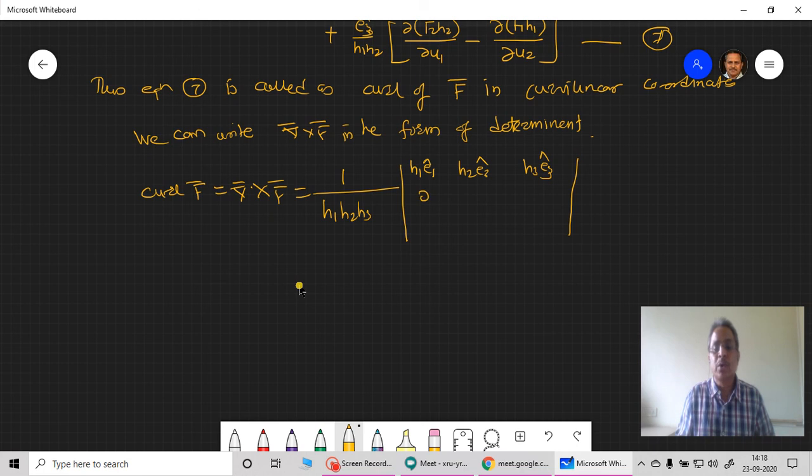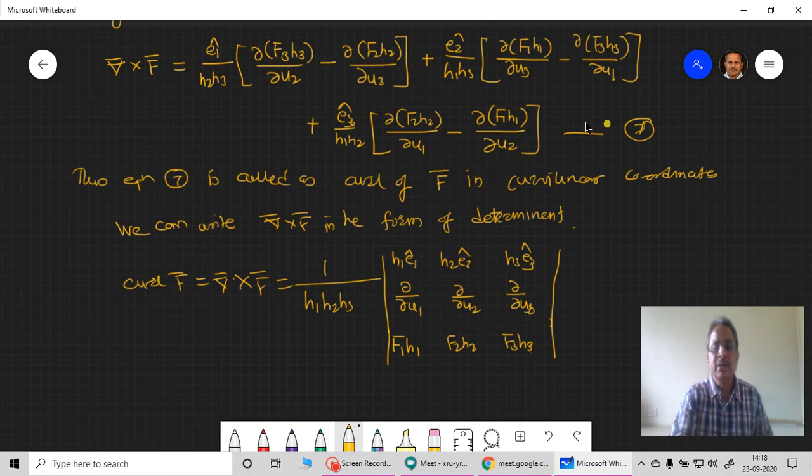Second row is the components of this del bar: dabba u1, dabba u2, dabba u3. And finally the components of this vector f bar with scale factors: f1 h1, f2 h2, and f3 h3. Okay, so solve this determinant. When I solve this determinant, I will exactly get this equation number 7.